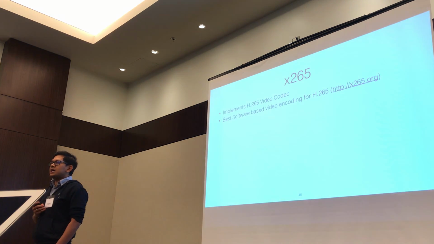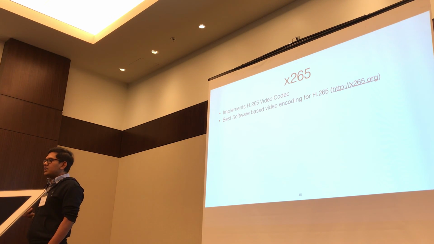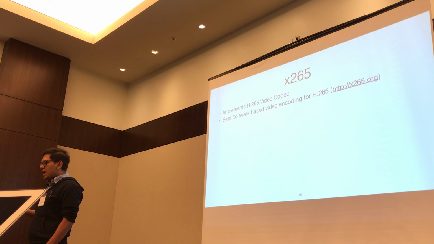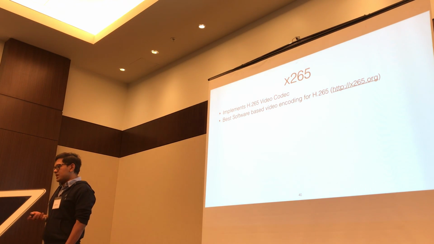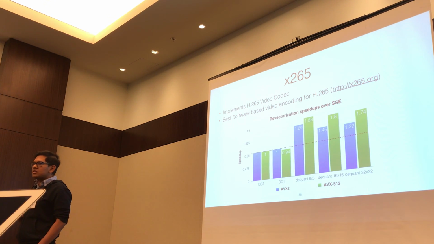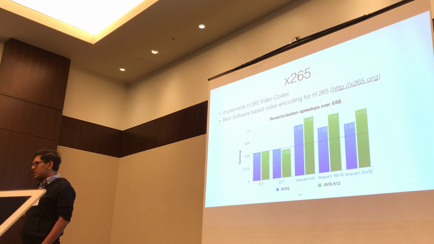Next, we extracted kernels from x265, which they say is the fastest software-based video encoder for the HEVC codec. We again harvested the SSE2 implementations of some of the kernels out there and compiled them through Revec. Revec is not a panacea.